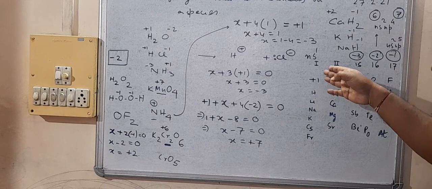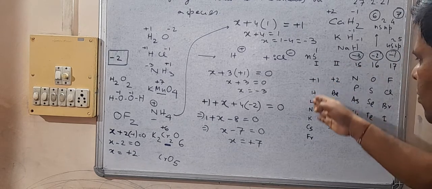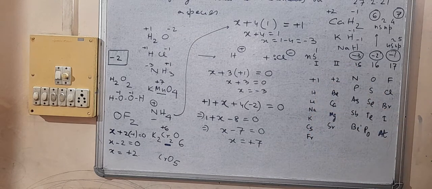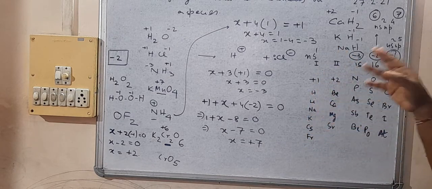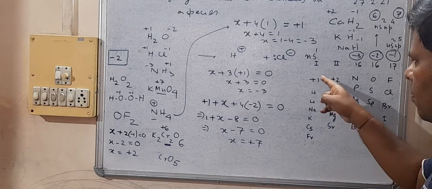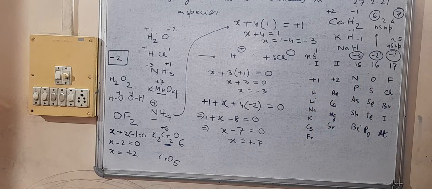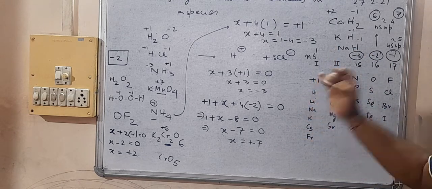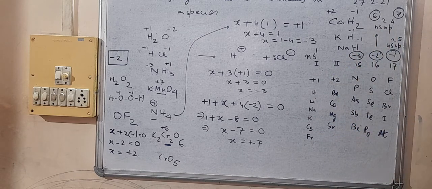So now an element can have variable oxidation state, but there is a term called group oxidation state, or the maximum oxidation state. The group 1 elements have a group oxidation state of +1. They cannot have an oxidation state more than +1. Their highest oxidation state is +1. Say group 2, they have a highest oxidation state of +2.